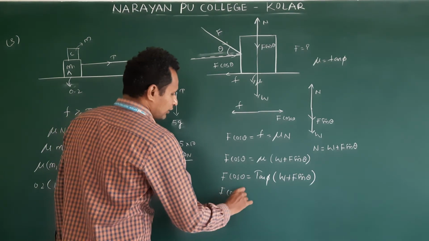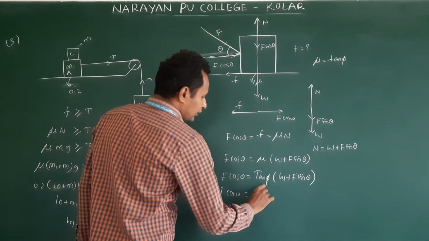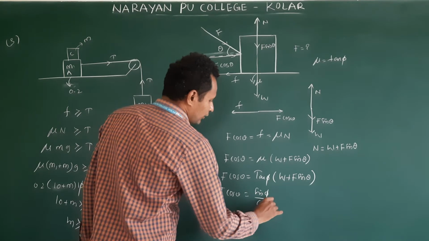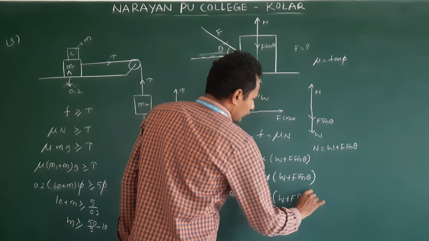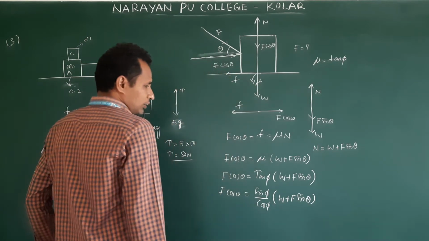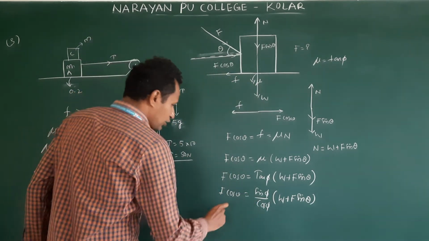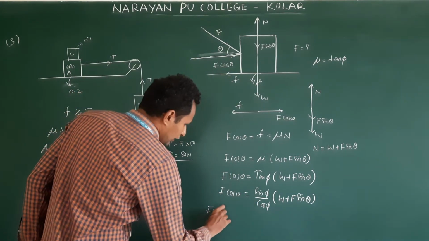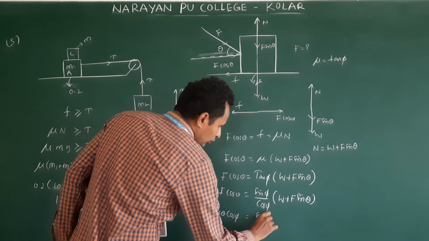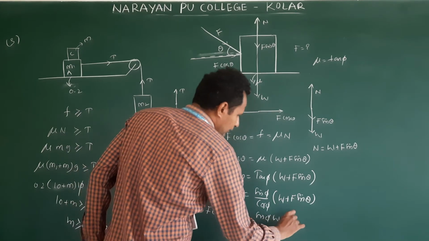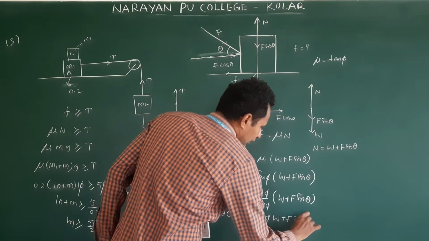F cos theta equals sin phi by cos phi into (W plus F sin theta). Clear? Now cross multiply. F cos theta cos phi is equal to sin phi into (W plus F sin theta).